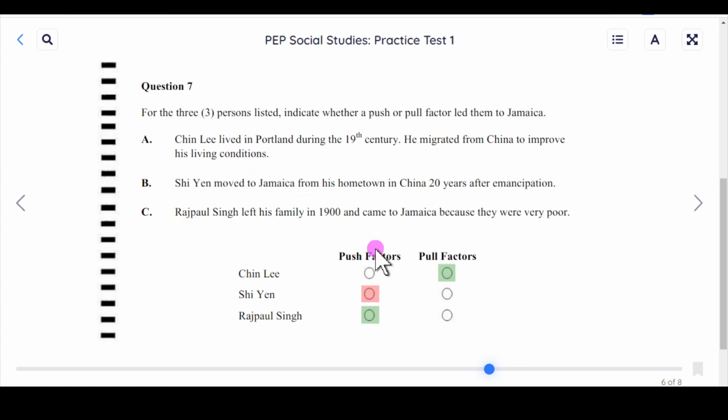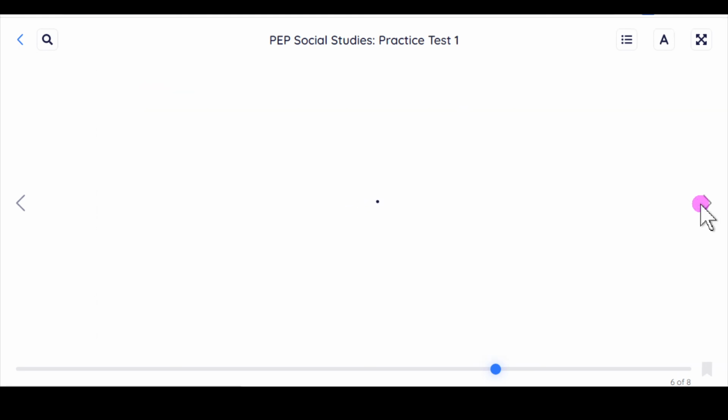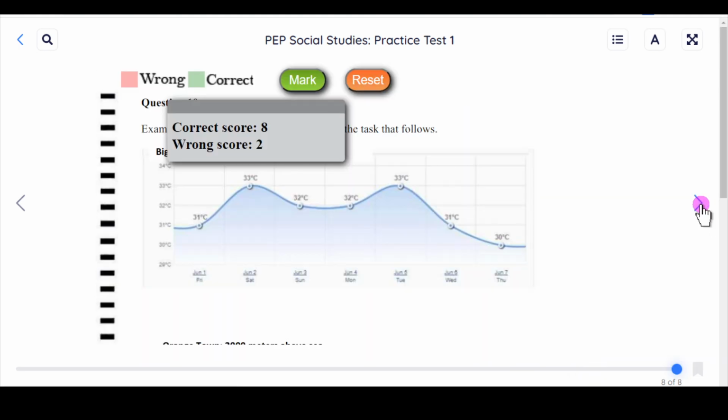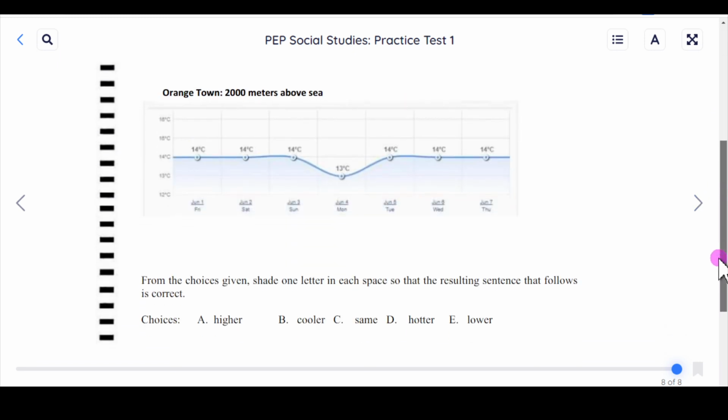Again, I don't like how the question is phrased, but this is the answer that they have selected. Debatable. However, the big idea is what is important. We need to understand migration, push factors, and pull factors.